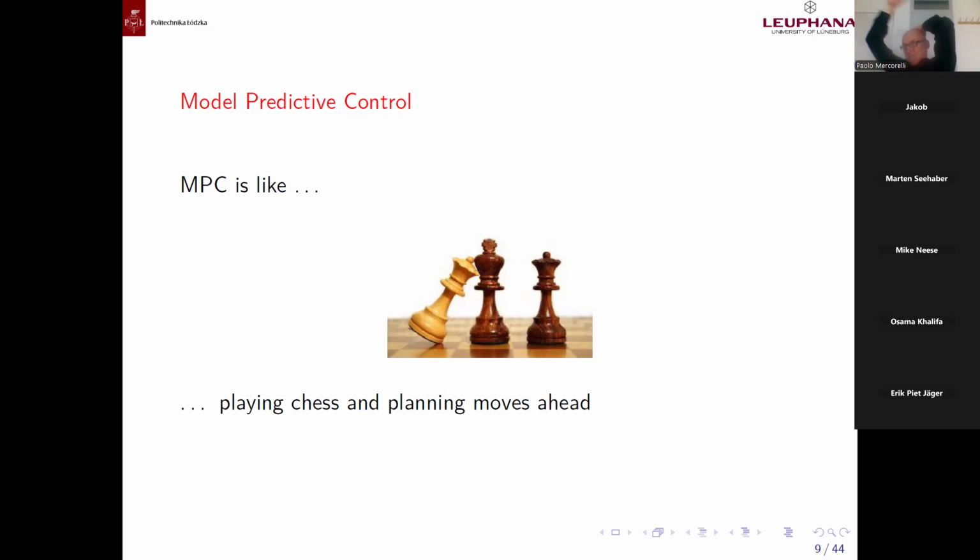Basically, some authors say continuously that chess is like control, because people seldom accept to lose. Let me show you this concept. MPC is like playing chess, playing and moving ahead in your head.